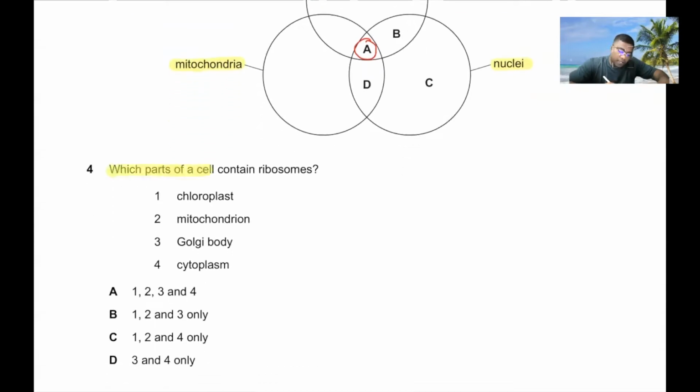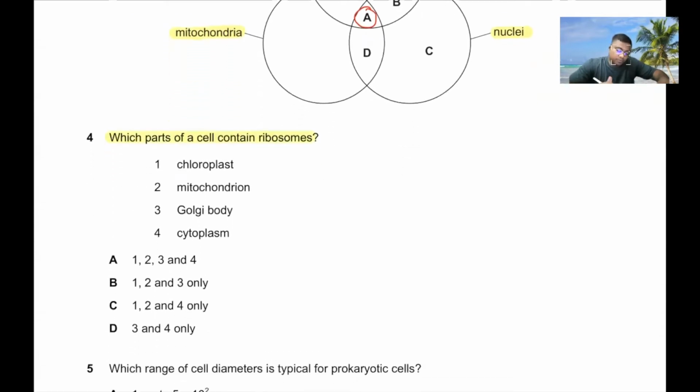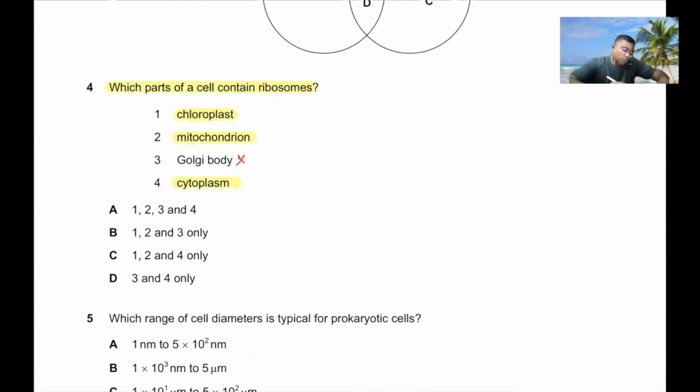Which parts of a cell contain ribosomes? Chloroplasts contain their own genetic material and also their own ribosomes. Mitochondria contain their own ribosomes. Golgi body does not contain ribosomes, and cytoplasm contains ribosomes. So options 1, 2, and 4 will be correct. So option C is correct.